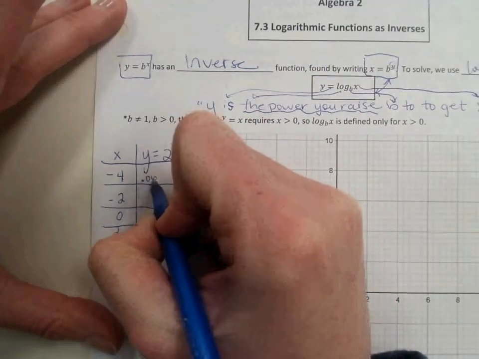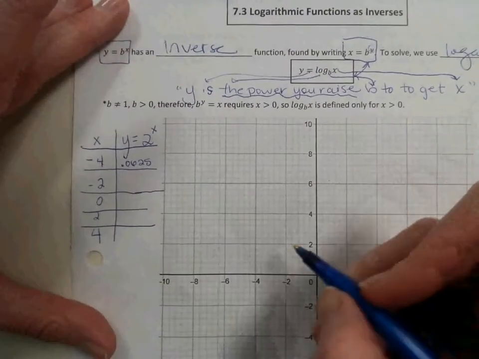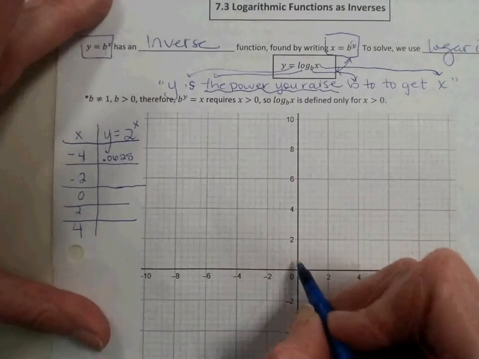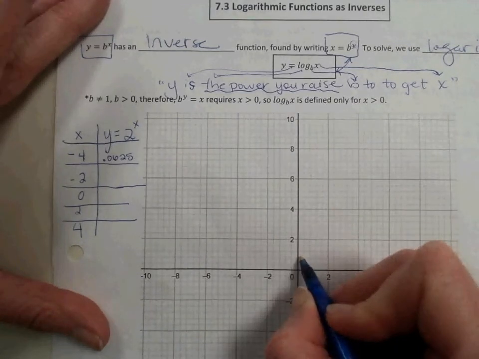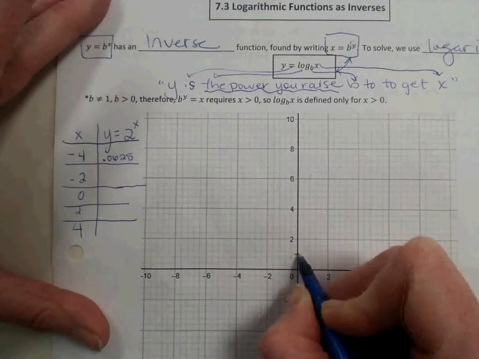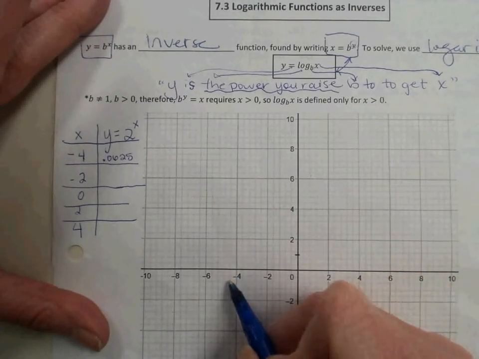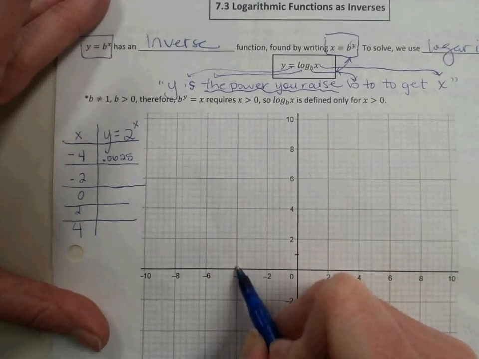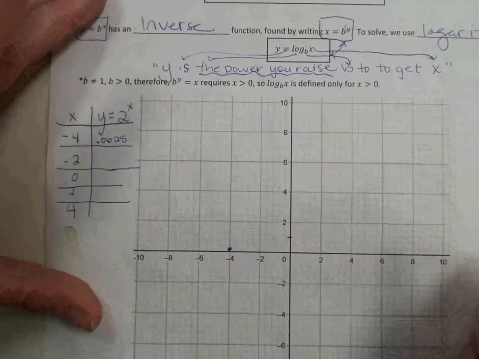Good, 0.0625. So at -4, this is a graph going up by intervals of 2, so -1 is right about there. So 0.0625 is really close to the x-axis. I'm going to put my point down there.